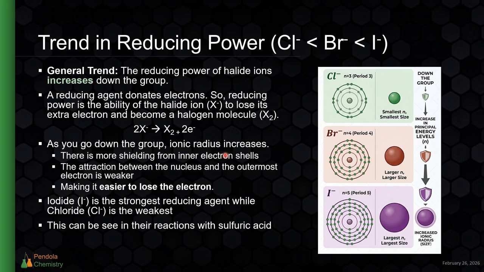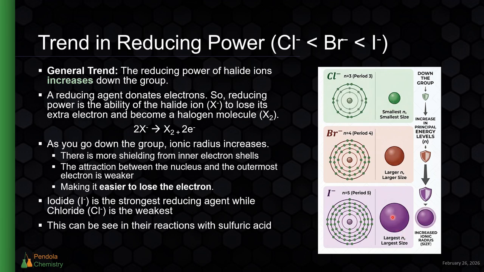Well, as we go down, because the ion is bigger, there is more shielding from those inner electrons as we add those energy levels. The attraction between the nucleus and the outermost electrons, because of that, becomes much weaker, as well as because the distance increases.